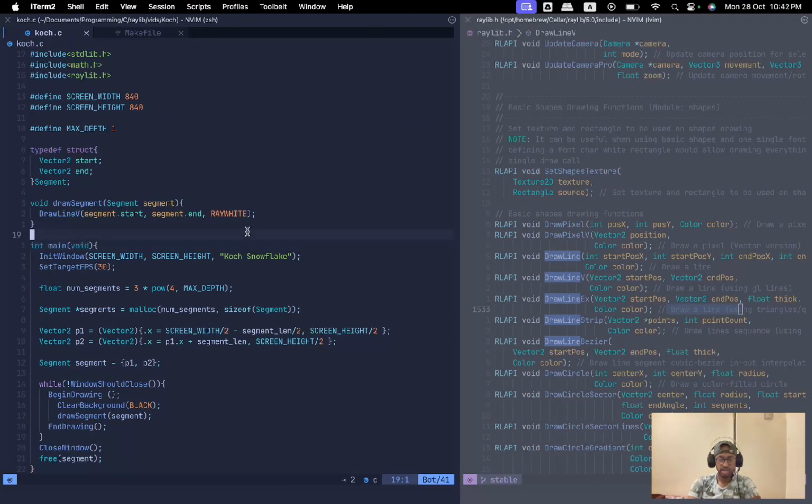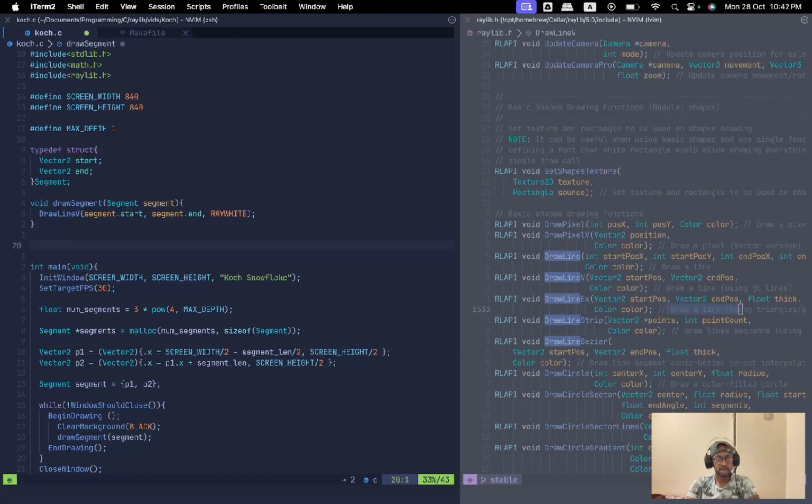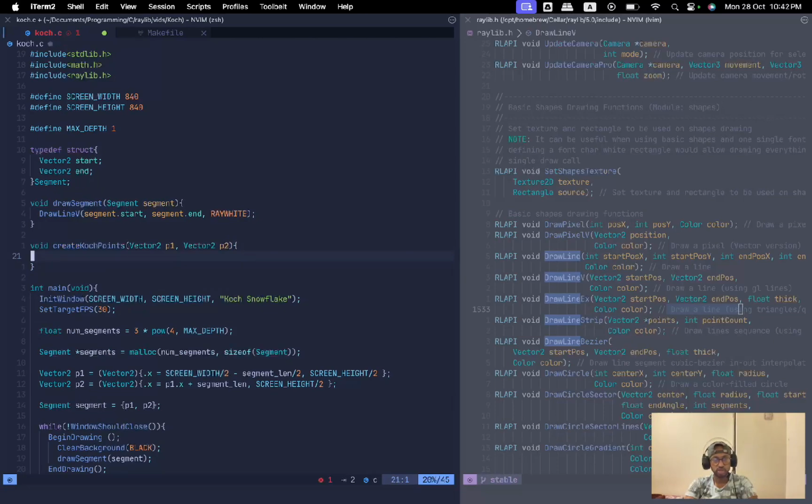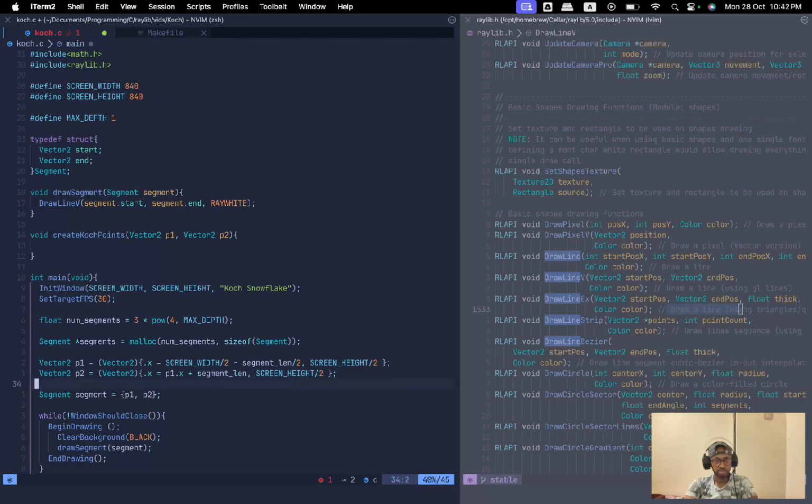So let's make a function, void for now, and call it create Koch points. It takes vector 2 point 1 and vector 2 point 2. Given point 1 and point 2, I need to find the new points, basically P3 and P4.